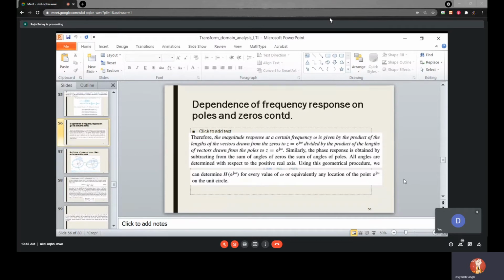So that point z can vary on the unit circle. You can keep varying omega because your H(e^j omega) is a function of omega. So omega will vary, and the lengths ZkZ and PkZ of the vectors will also vary.